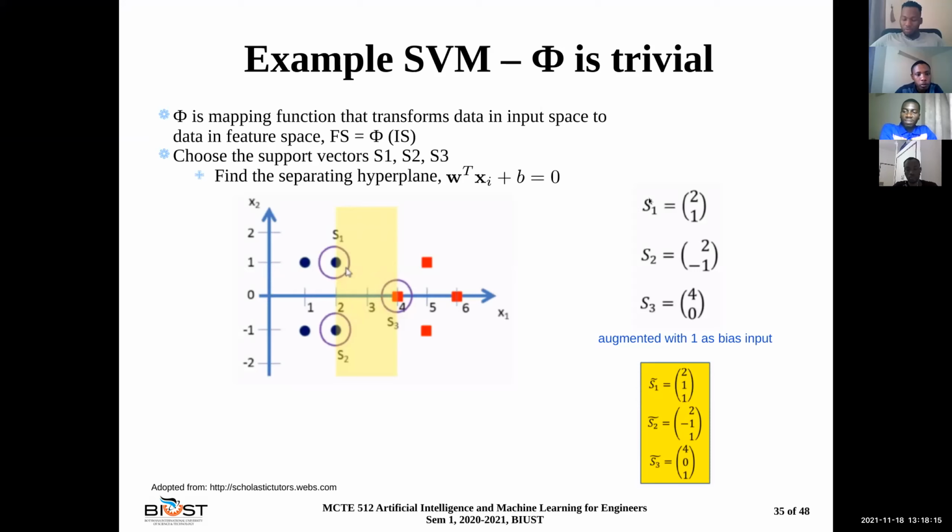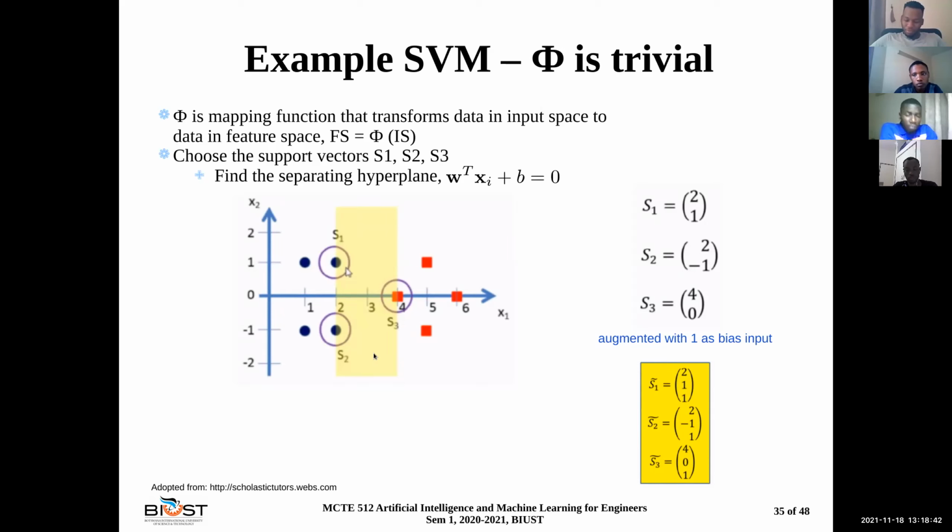Well, first we define what is the input space and what is the feature space. The input space, for example, in this case here, we have these dots. The blue dots to the left and the red squares to the right, and they are separated by this yellow region.